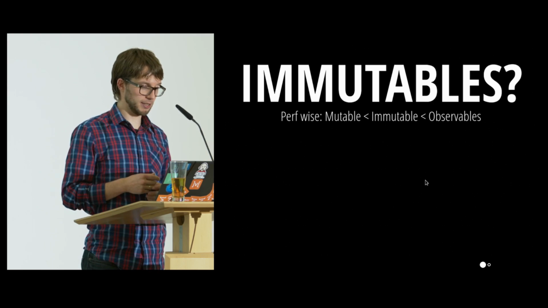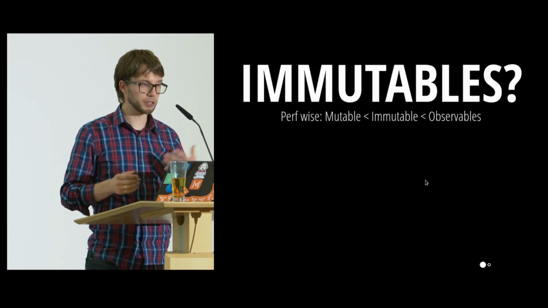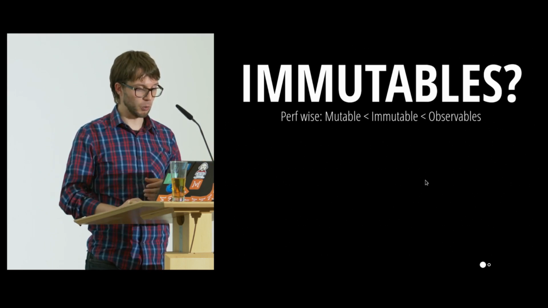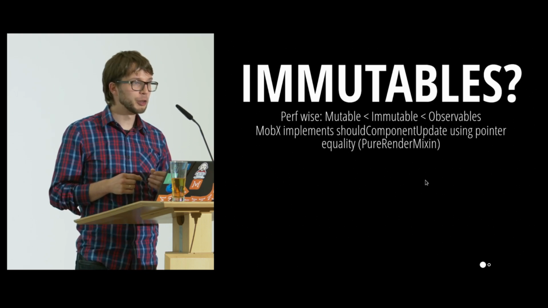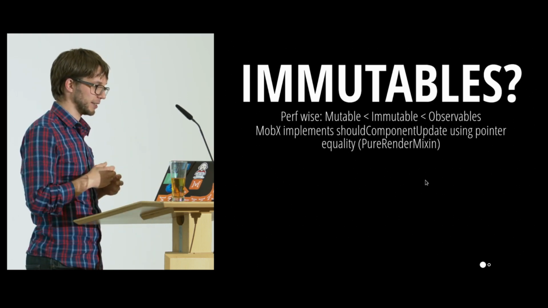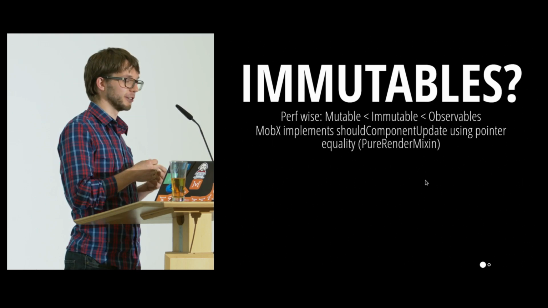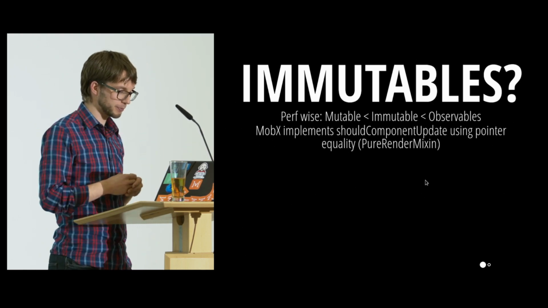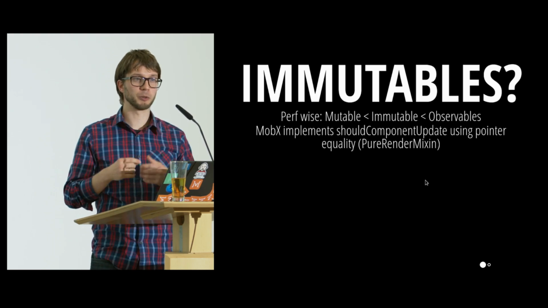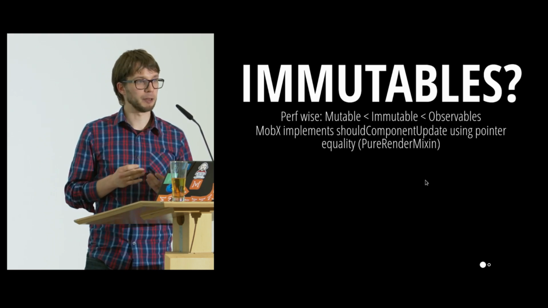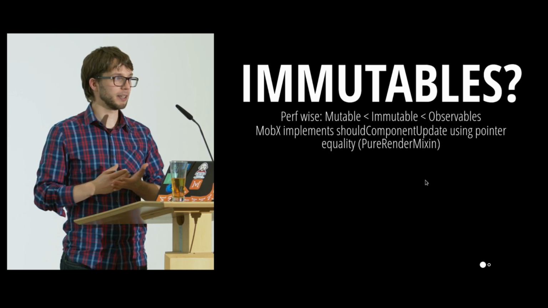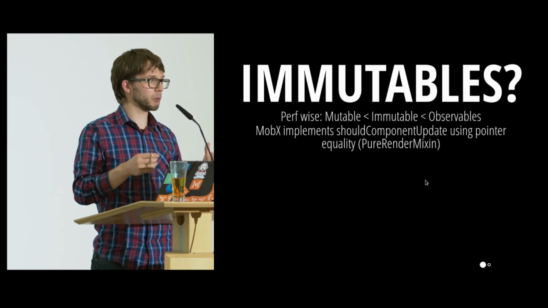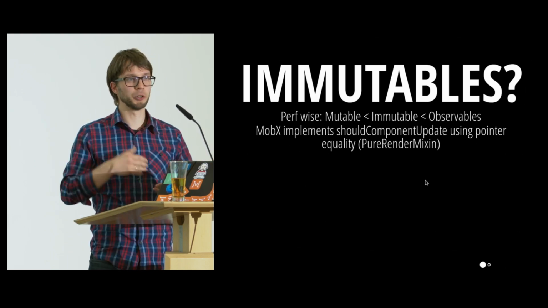And in my talk in Amsterdam, you will see some metrics from that and why that is. But the idea behind that, and this surprises people a lot, is that MobX implements shouldComponentUpdate, and it does so by using the pure render mixin, by using pointer equality. And you might be thinking, but pointer equality makes only sense when I use immutable objects.